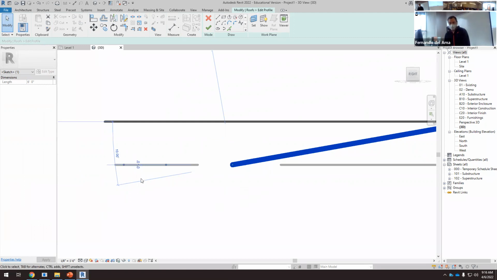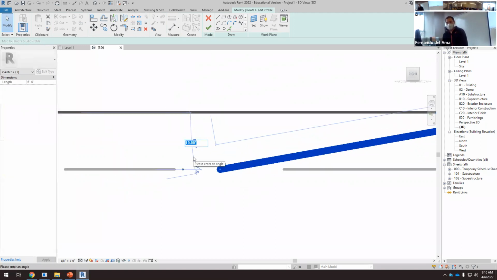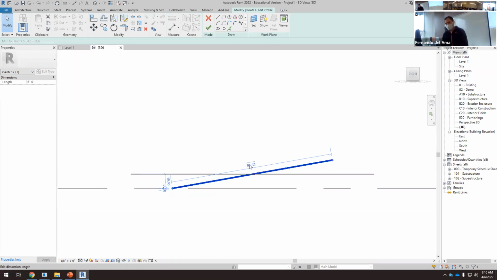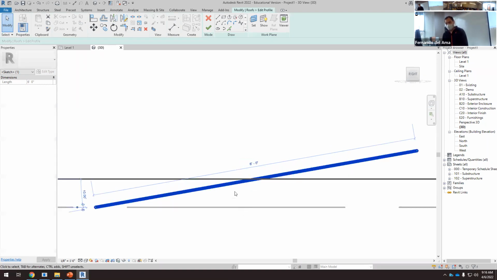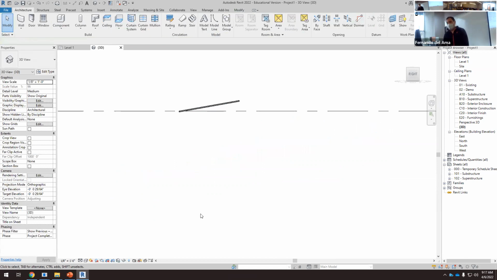So if you have trouble doing this, you can always select this and change the angle here. If it has to be 15, you can type 15, and you can even change the length here. But make sure that the angle is the right one, and the length is 6. Probably we will change the length, but it will be 6 just to start.